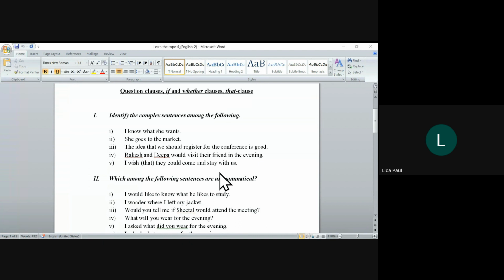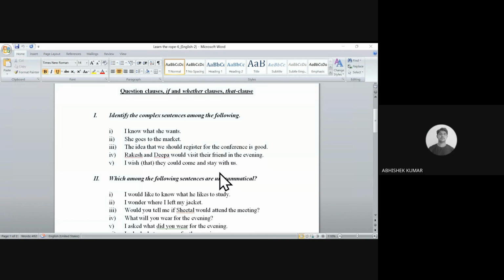We'll just revise what a complex sentence is, and whether you're able to identify if a given sentence is complex or not. Okay, the first question there: I know what she wants. Is this a complex sentence? No, ma'am. It's not a complex sentence. Okay, why is it not a complex sentence?